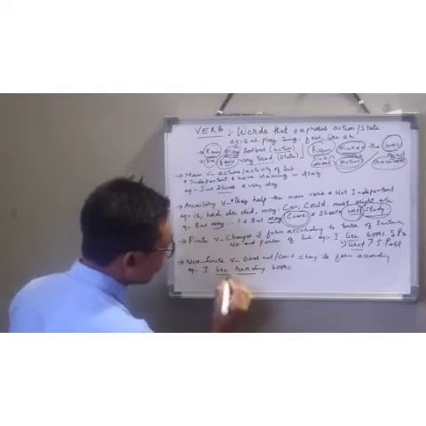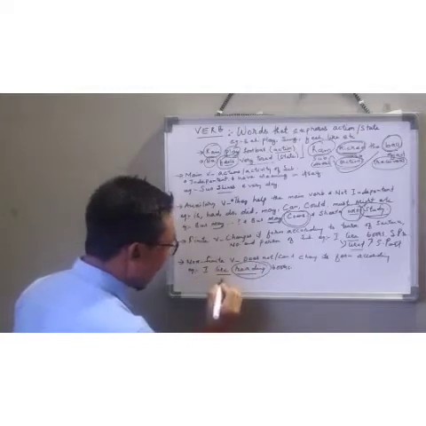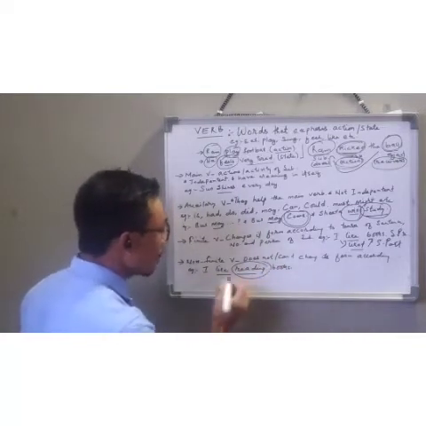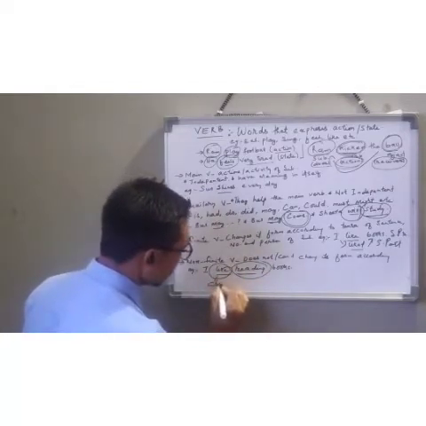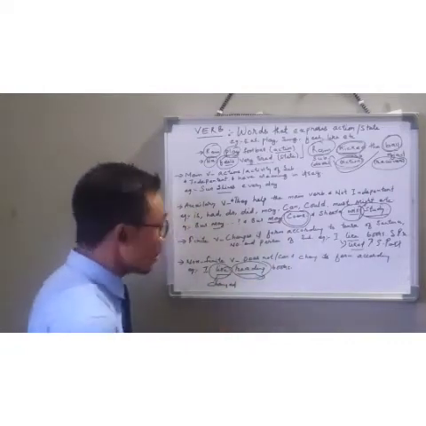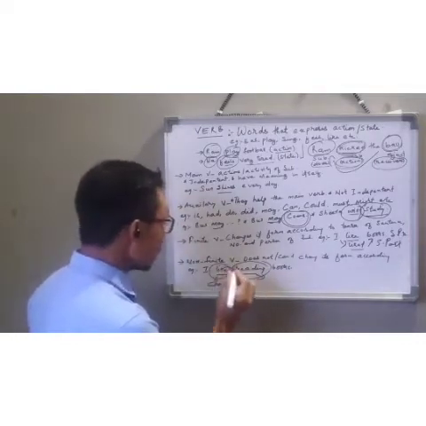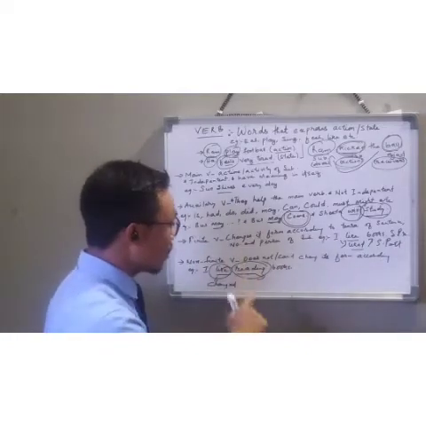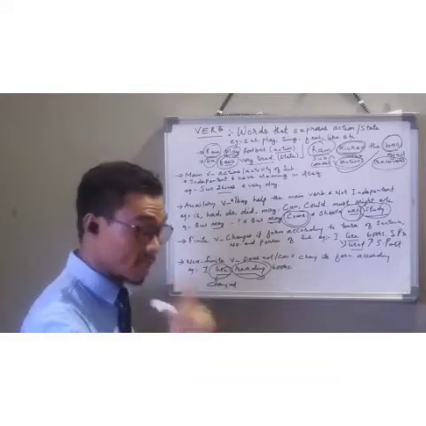This liked can be changed, but this reading cannot be changed. So this reading is a non-finite verb. It is not changeable according to the tense, or the number or person of the subject in a sentence.